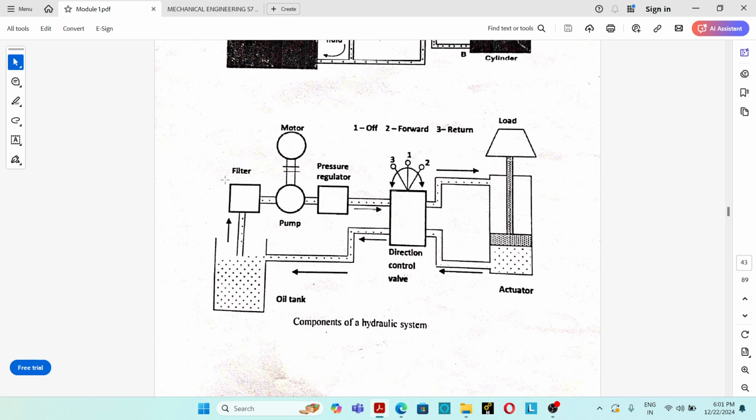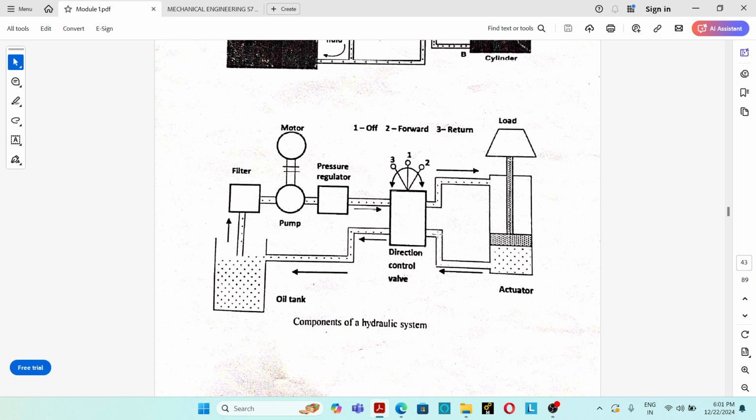Commonly positive displacement pumps are used in hydraulic systems because positive displacement pumps are high head, low discharge pumps, for example gear pump, piston pump, etc. The pressure regulator regulates the pressure of hydraulic oil which can be utilized by the actuator. So the pressure regulator controls the pressure energy of the hydraulic oil that is utilized by the actuator.